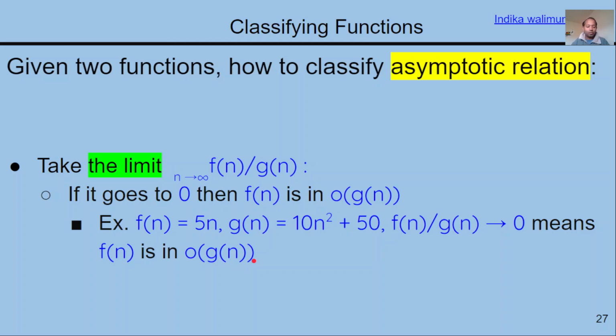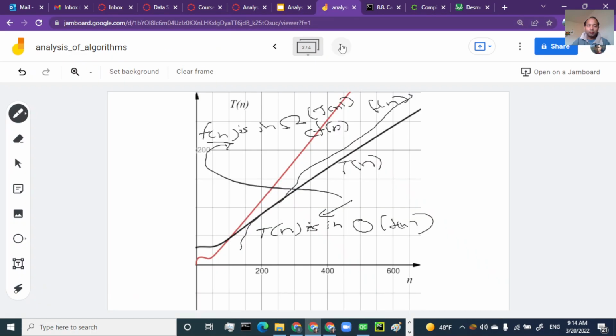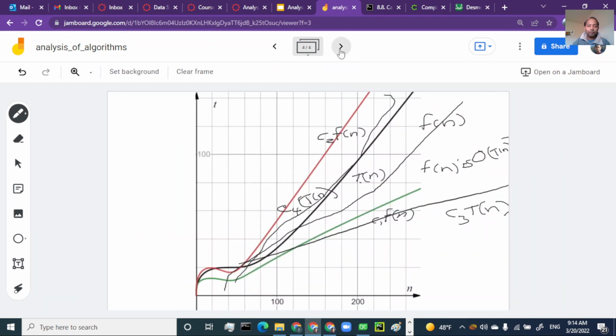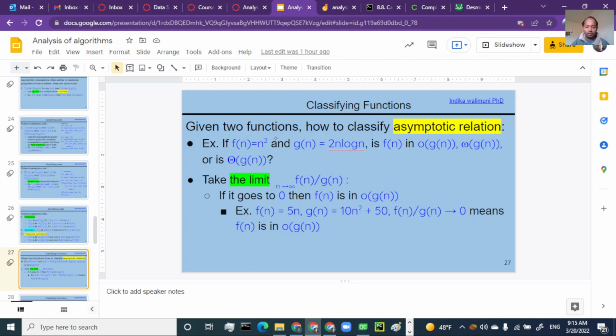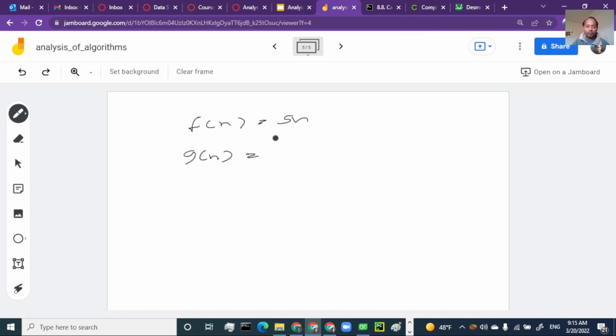I'm going to quickly go to the Jamboard and take a new one. So we have Fn equals 5n, and Gn equals 10 times n to the power 2 plus 50.